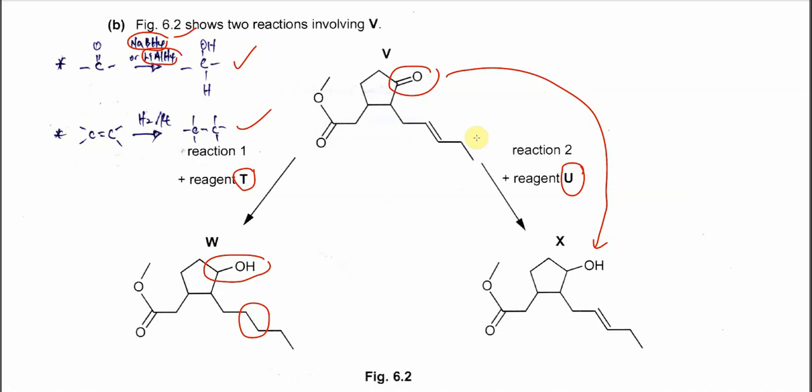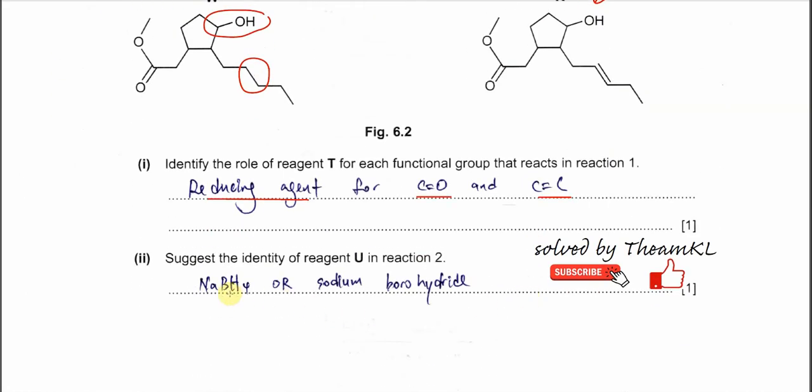So not lithium aluminum hydride. If we use sodium borohydride, we can confirm we get X. If we use lithium aluminum hydride, this one might react, right? So therefore, we just follow the answer in the marking scheme, which is sodium borohydride, to form this compound X. Okay, so the answer is sodium borohydride, or you can name it.